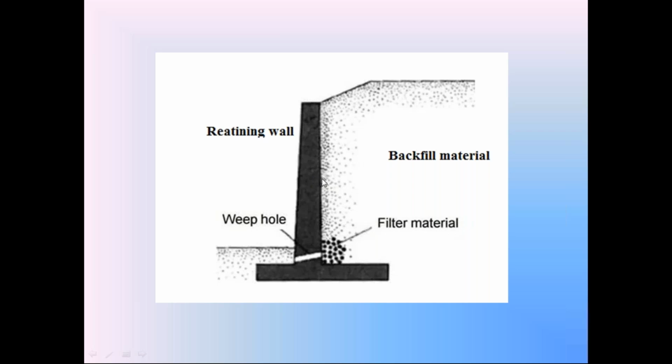The magnitude of horizontal earth pressure on the retaining wall depends on a number of factors. One factor is the movement of this retaining wall. Please don't be surprised. This retaining wall can have horizontal movement. In most cases, the retaining wall is in a rest condition. That is also possible. But the retaining wall can have horizontal movement.